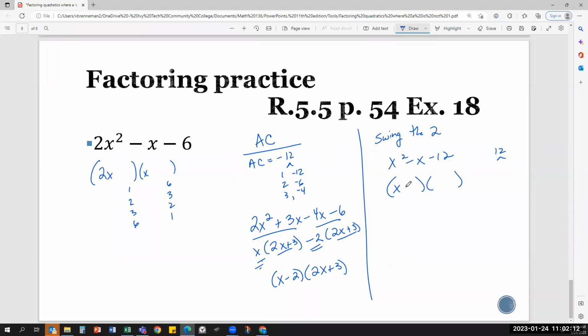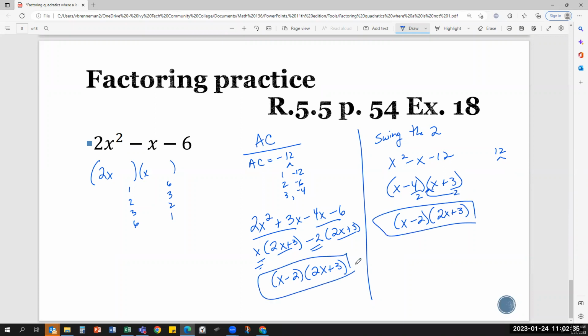So we have the -4 and the +3, and then we need to swing the 2 back. So divide each of those by 2. The 4 divided by 2 is going to work. That gives the x minus 2. The 3 divided by 2 doesn't simplify, so the 2 is going to swing back over in front of the x to get the 2x plus 3.